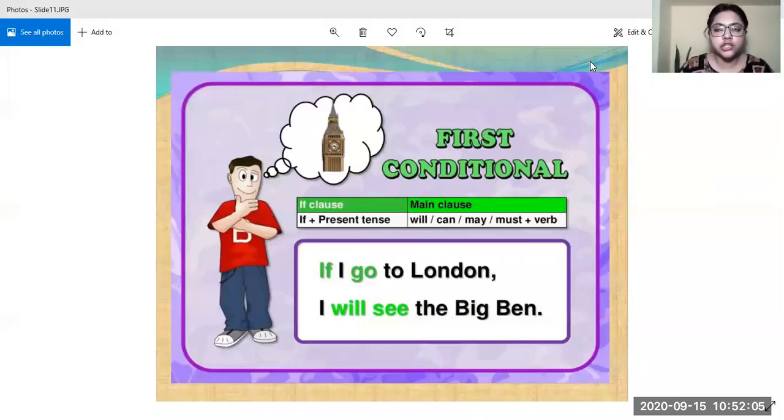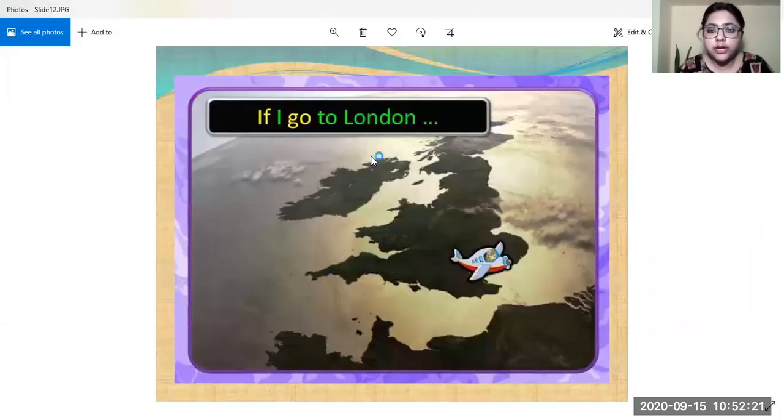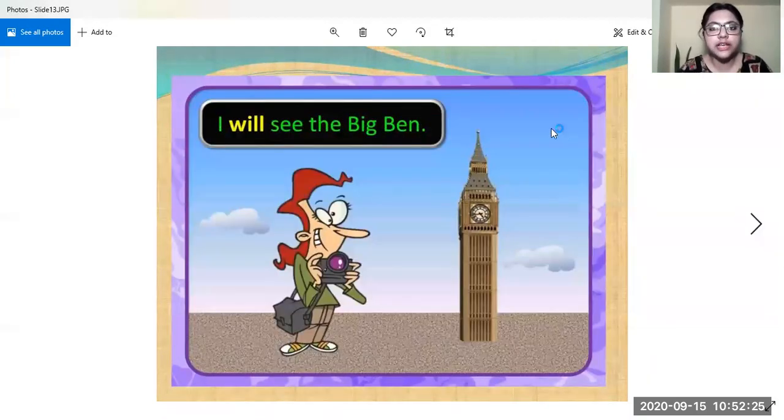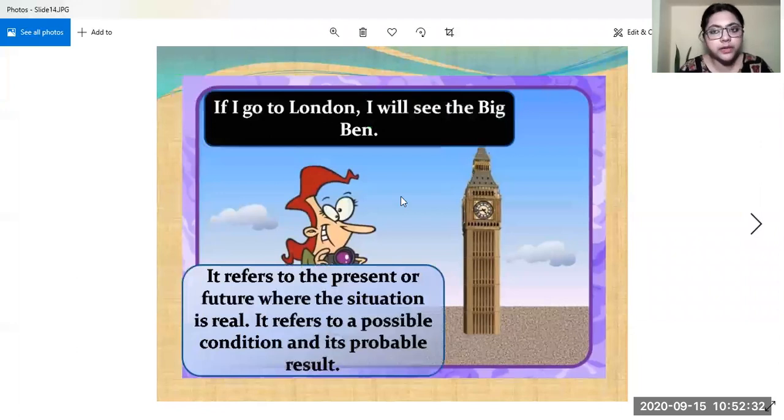In the zero conditional, the main clause had simple present, and in the first conditional, the main clause has a modal auxiliary followed by the main verb. So if I go to London, what will I do? I will see the Big Ben, which is there in London. So when we merge the two, we get a conditional sentence of first type.